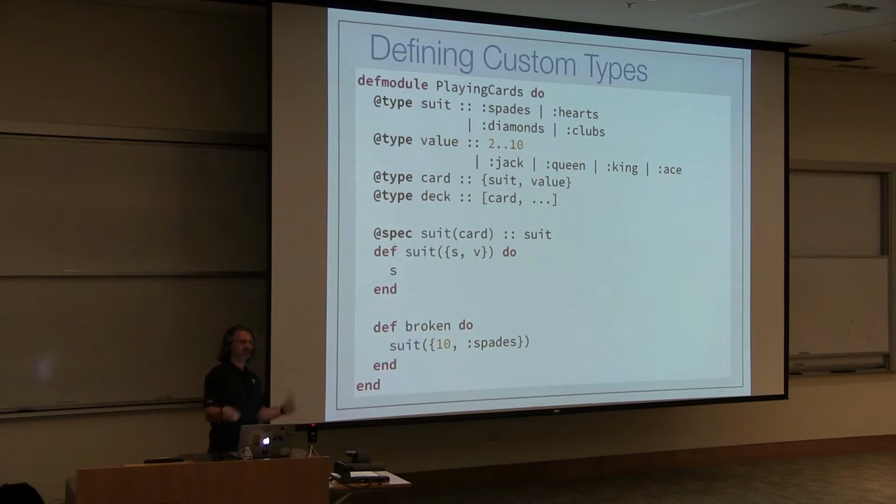And if you were in this room earlier for the algebraic data types talk, this will look like the OR type that was described there, and that's because this is basically an ADT. What we've got here is we're listing the possible values for a suit in a deck of cards. So you've got spades, hearts, diamonds, or clubs. So we're using those literal values in the type definition. So those are atoms in Elixir, or you would call them symbols in Ruby.